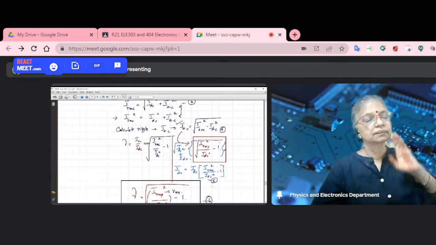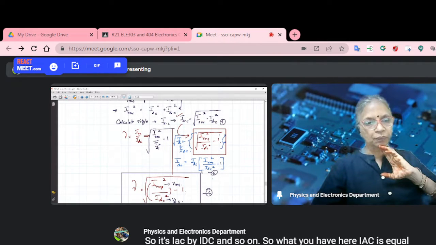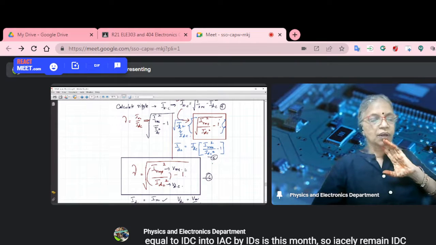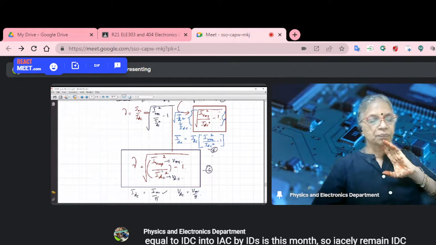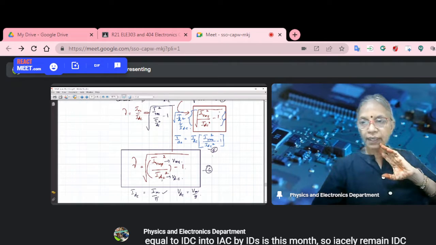So IAC will be IDC into the square root of IRMS square by IDC square minus 1. There is a square root here. So gamma is equal to the square root of IRMS square by IDC square minus 1. This is IAC by IDC. The square root was missing here, just write the square root here.